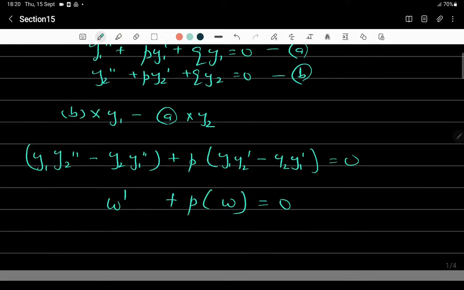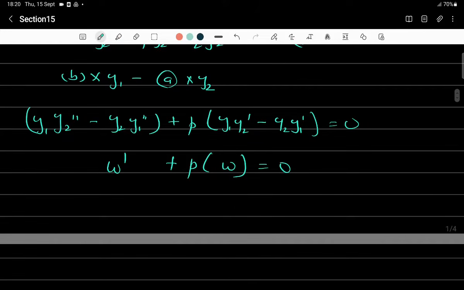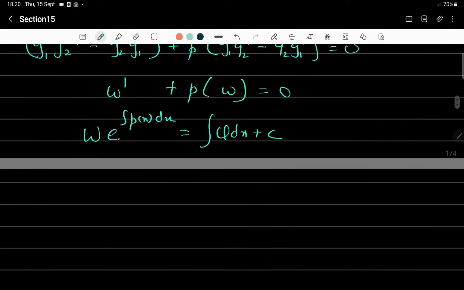So this becomes a first order linear differential equation, or you can also solve it by the variable separable method. It's a linear differential equation, and therefore its solution is W e raised to the power integration p of x dx is equal to integration q dx plus c, but q is 0 and therefore W is equal to c e raised to the power minus integration p of x dx.